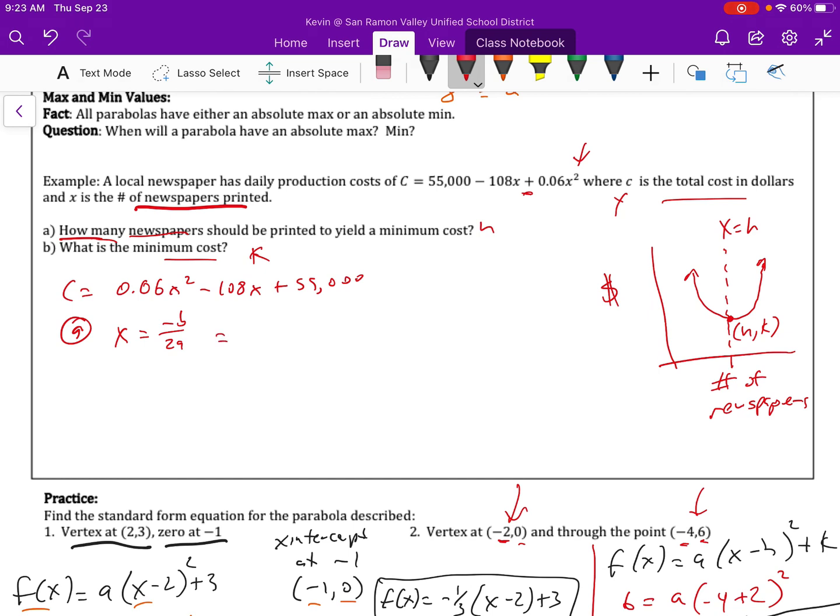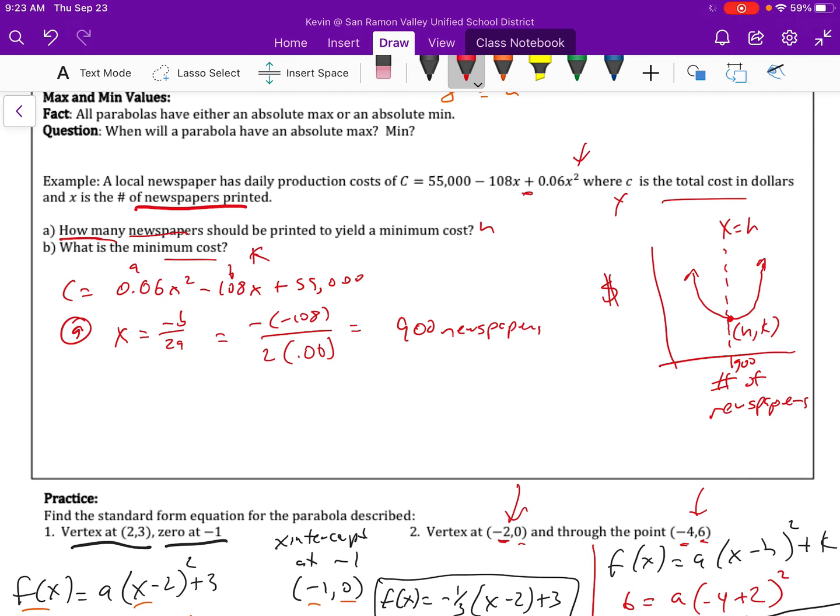So I take negative 108, because that's my b, over 2 times my a, which is 0.06. And I plug that into my calculator, or you can do longhand if you want, and I find out that's 900 newspapers. So this is 900 here.